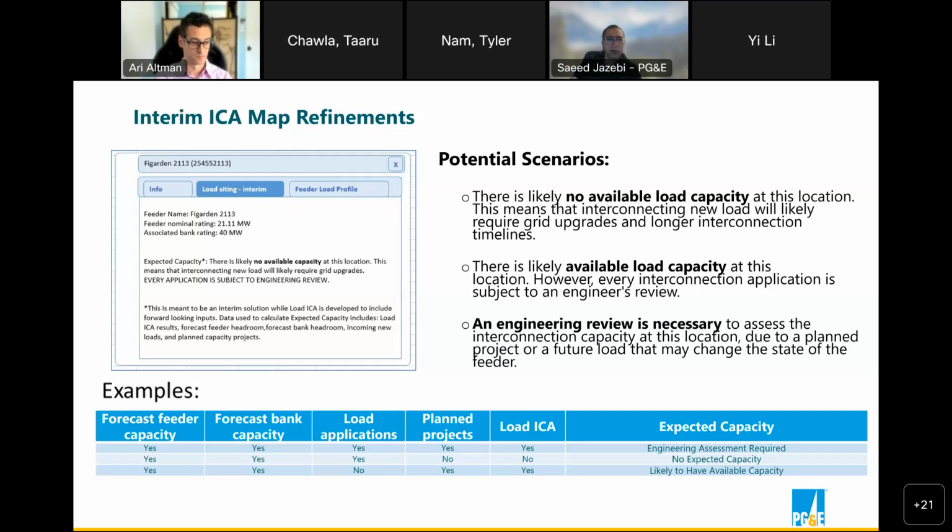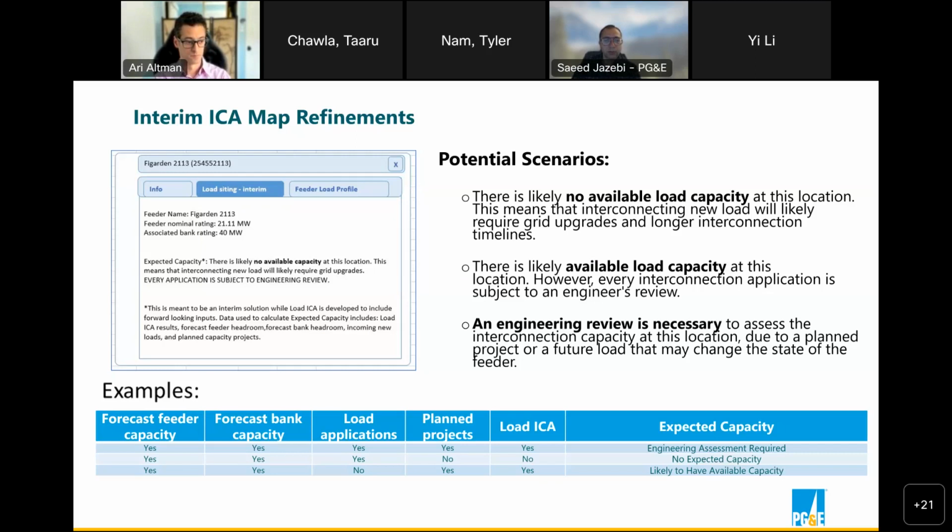There is likely no available capacity at this location. This means that interconnecting new load will likely require grid upgrades, and it means a longer interconnection timeline. The other scenario is there is likely available capacity at this location. However, every interconnection application is subject to an engineering review.